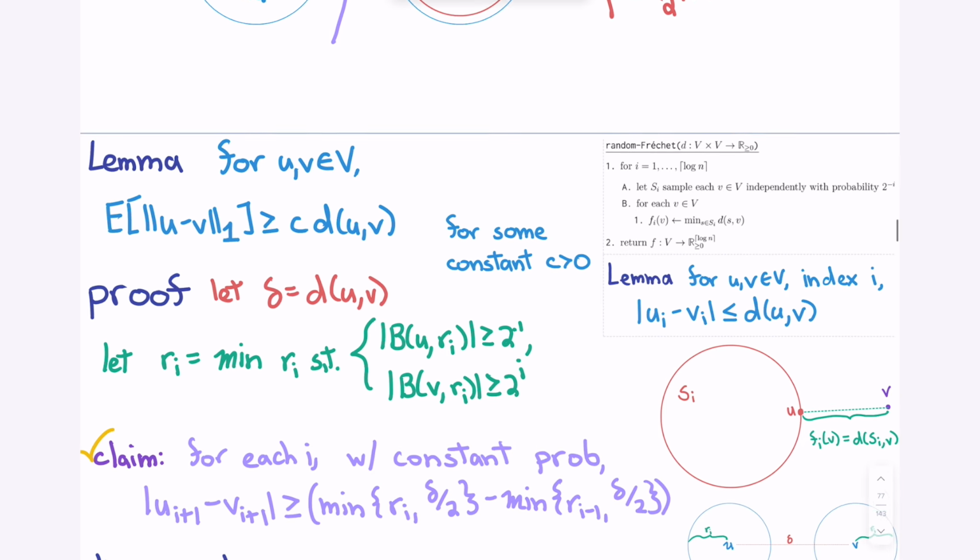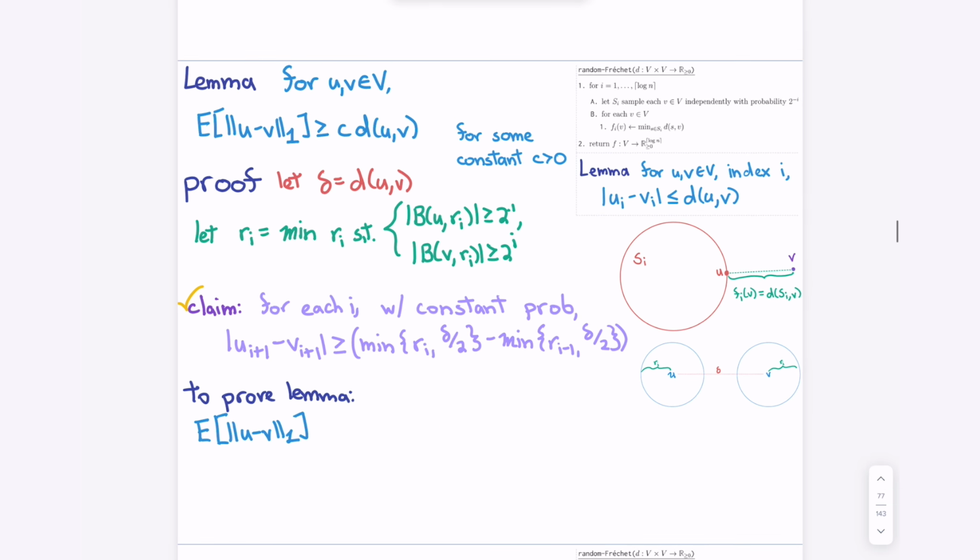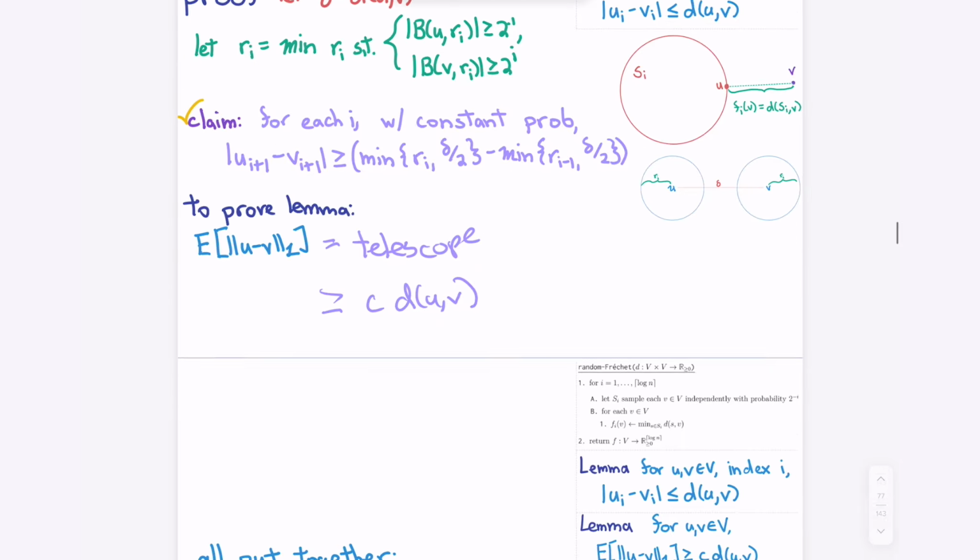Okay. So you do that, and then here you're going to telescope everything, and you get at least some constant times the distance. Obviously, I'm rushing a little bit, but that's the idea.